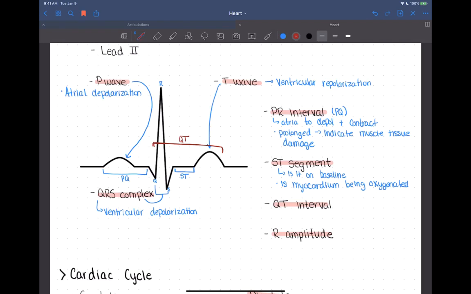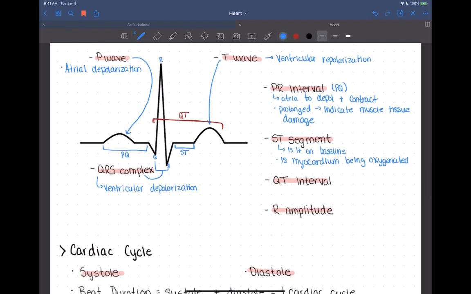What we look at with the QT interval is it tells the time for the ventricles to depolarize and repolarize. And so that can tell you something about the conduction system in the ventricles themselves, and if maybe there's damaged tissues in those ventricles.